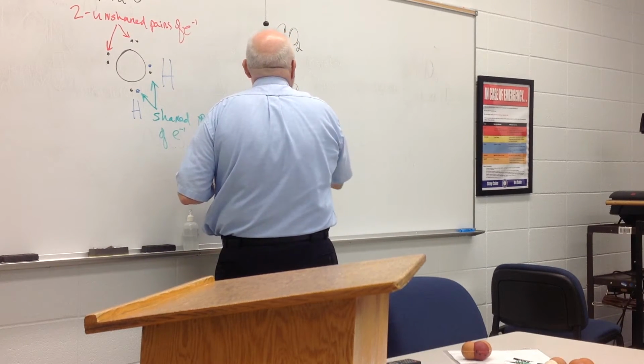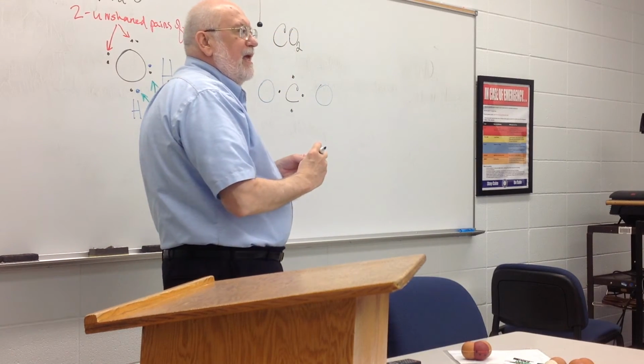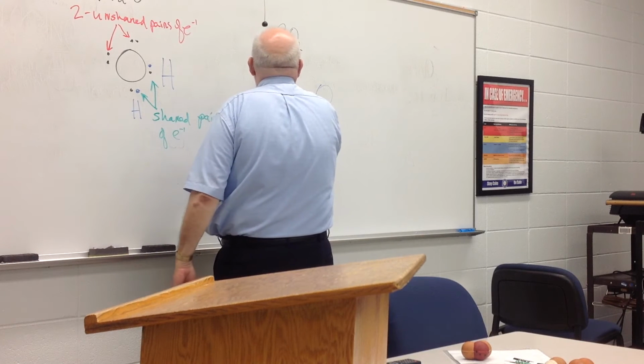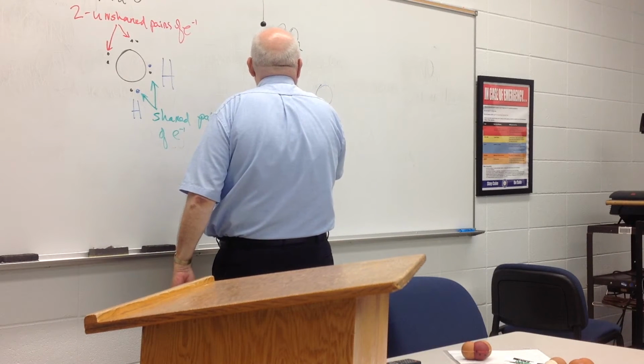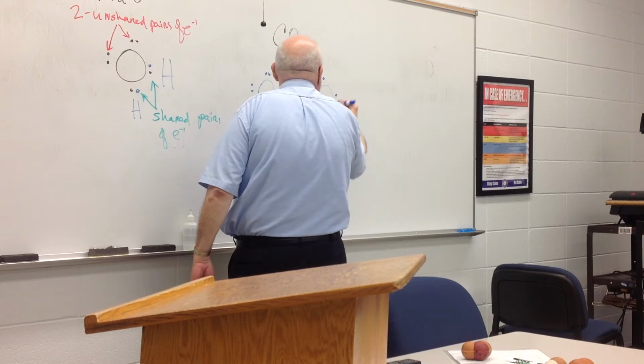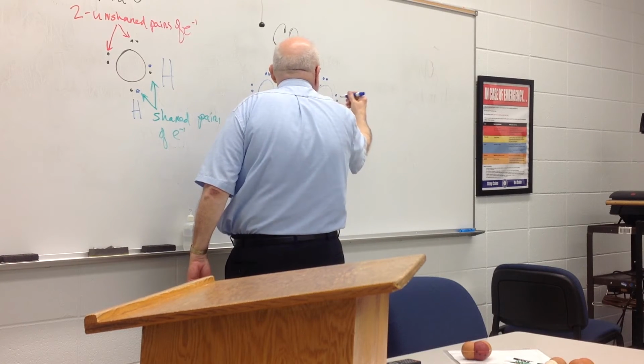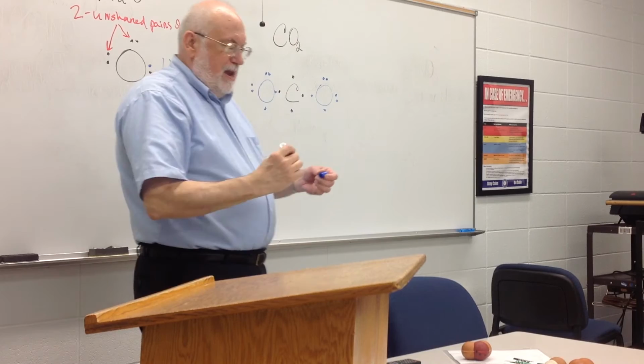How many valence electrons does an oxygen atom have? 6. 1, 2, 3, 4, 5, 6. There. 1, 2, 3, 4, 5, 6 on that one.